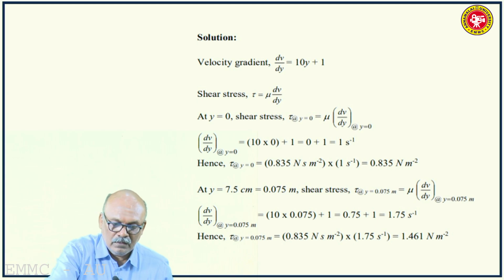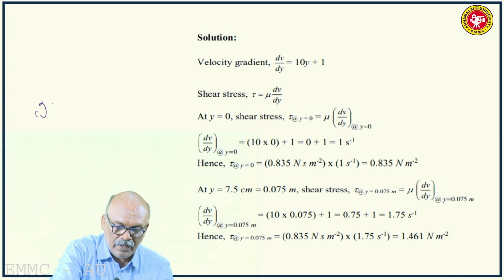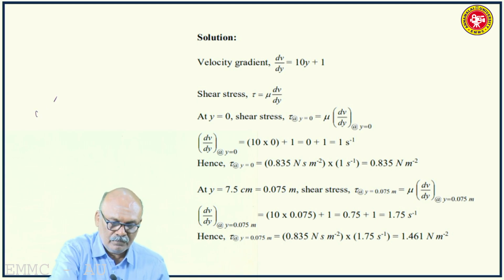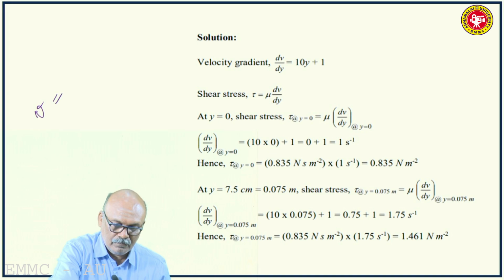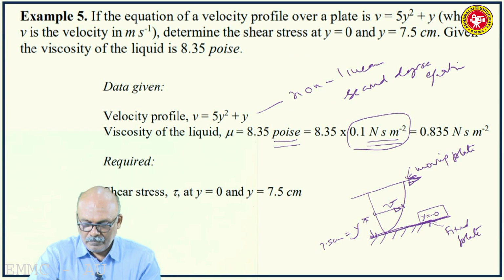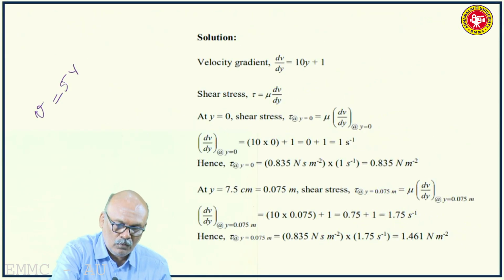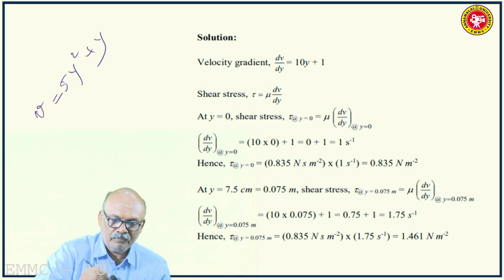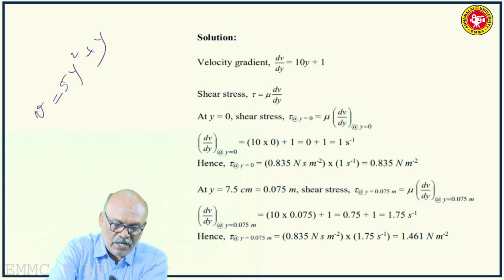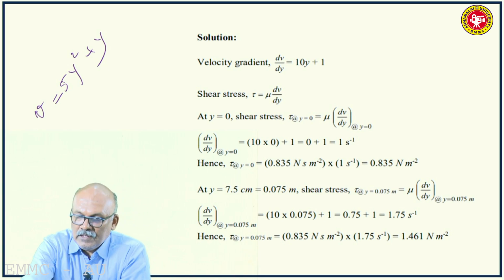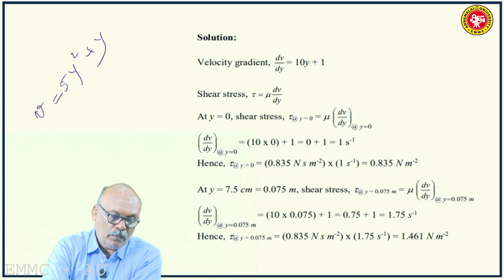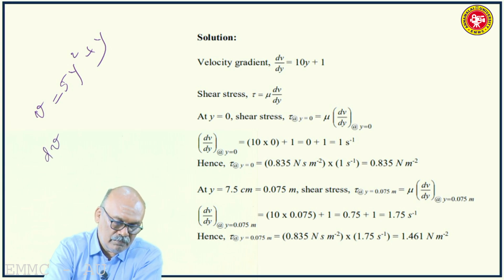So the velocity profile is given as 5y square plus y. Now, as per Newton's law of viscosity, tau is equal to mu multiplied by dV over dy. So we have to get the quantity dV over dy.